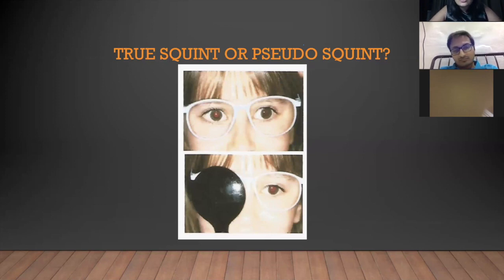However, it's not a true squint. And when you occlude the eye, you will see that there is no movement of the opposite eye. And that is not a true squint actually. So primarily, let's begin at identifying what is a true squint or a pseudo squint, and then we can take it further at what type of a squint and how much is the squint.